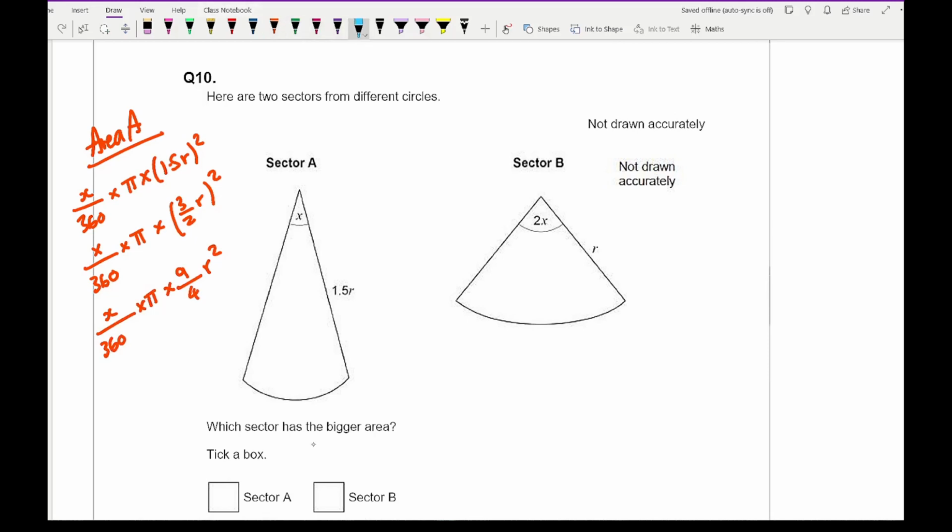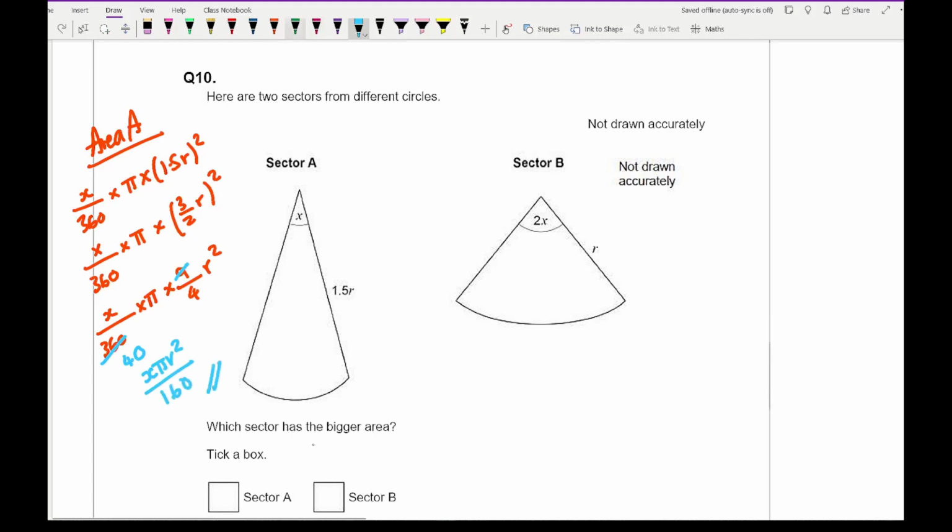So I can simplify 9 and 360. I can divide that by 9, and that gives me 40. And then 40 times 4 is 160. So that's going to give me x pi r squared over 160.